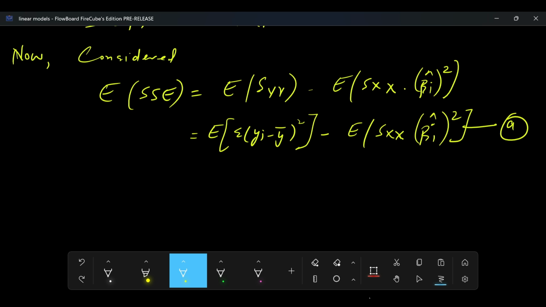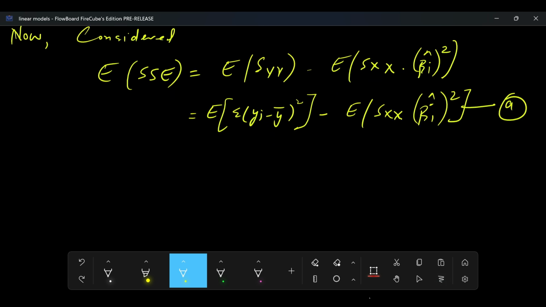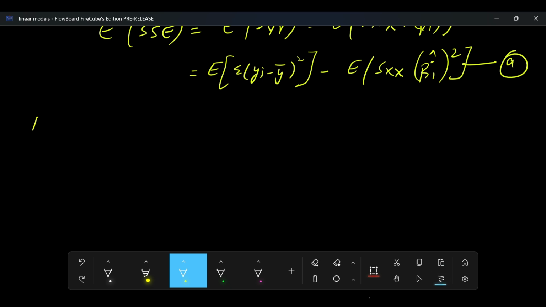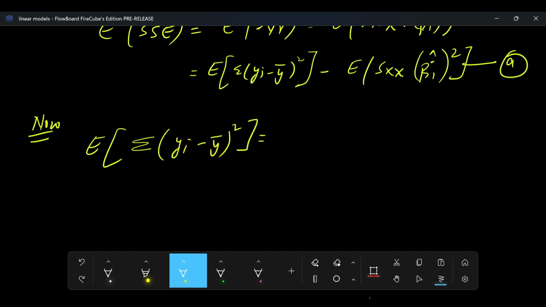Now finding this expectation of summation yi minus y bar square. So this will be equal to expectation of summation, in place of yi, replace yi by beta naught plus beta 1 xi plus ei. This is error.